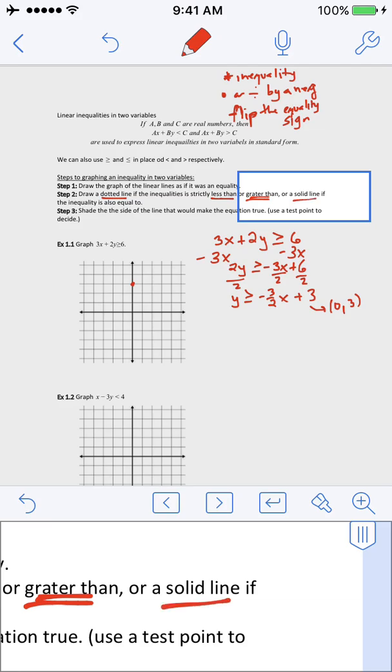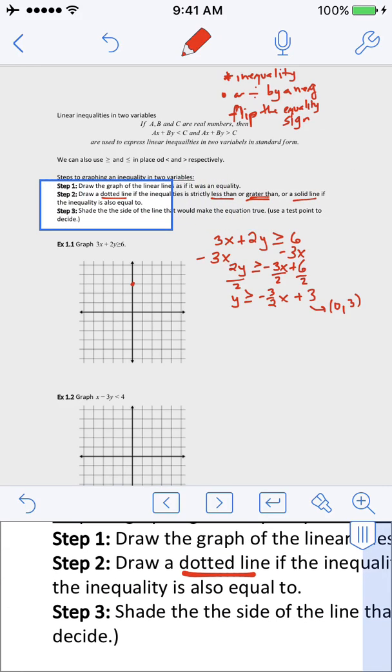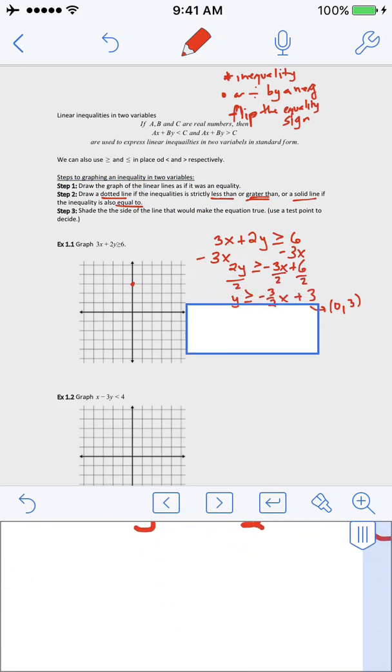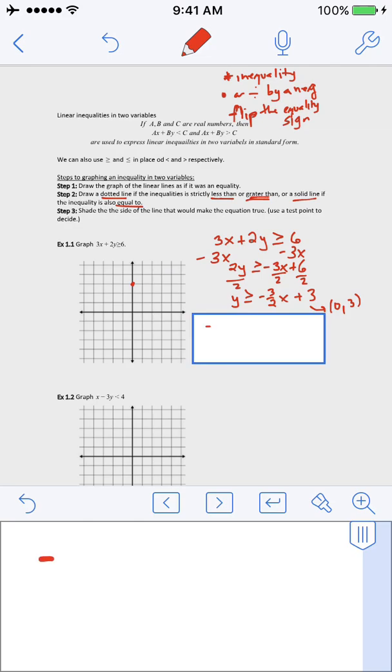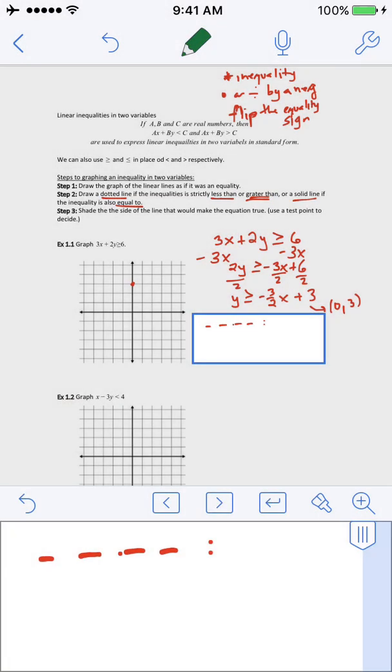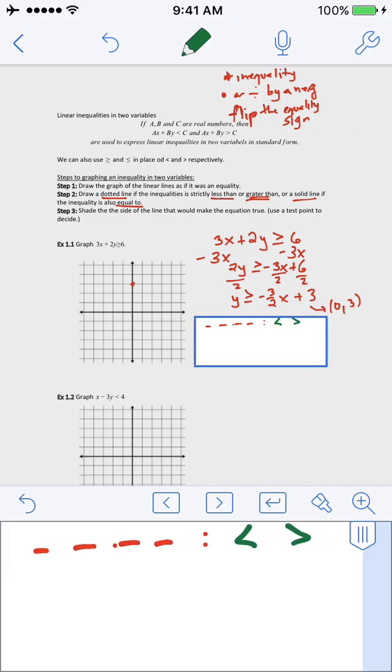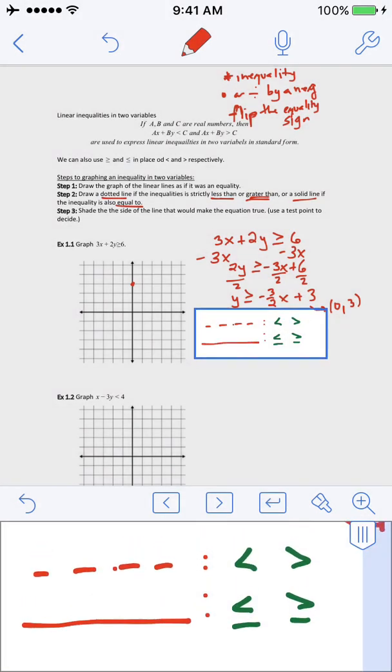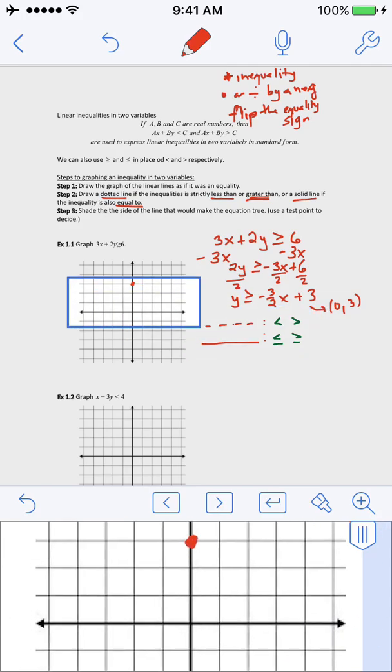A solid line is for less than or equal to and greater than or equal to. So we can write that again down here. So dotted line goes for less than or greater than. And then for less than or equal to, greater than or equal to, we would use a solid line. Okay, so that's always our indication. So that's why we kind of want to pause before drawing this line here.